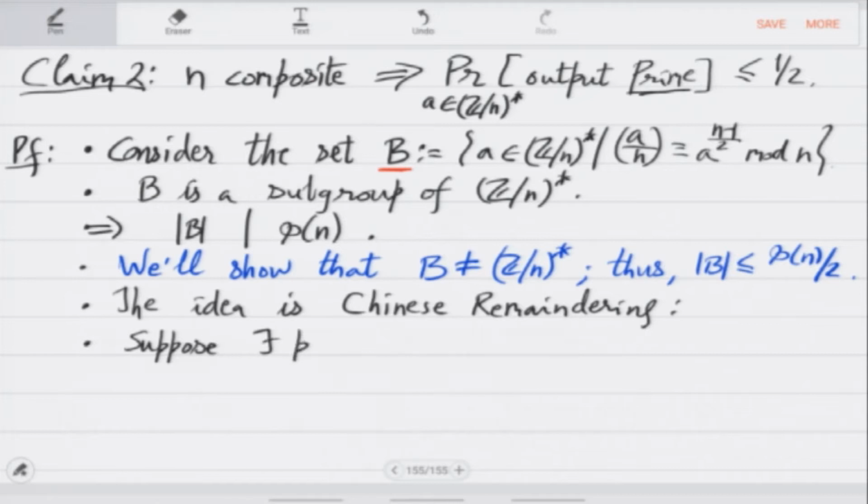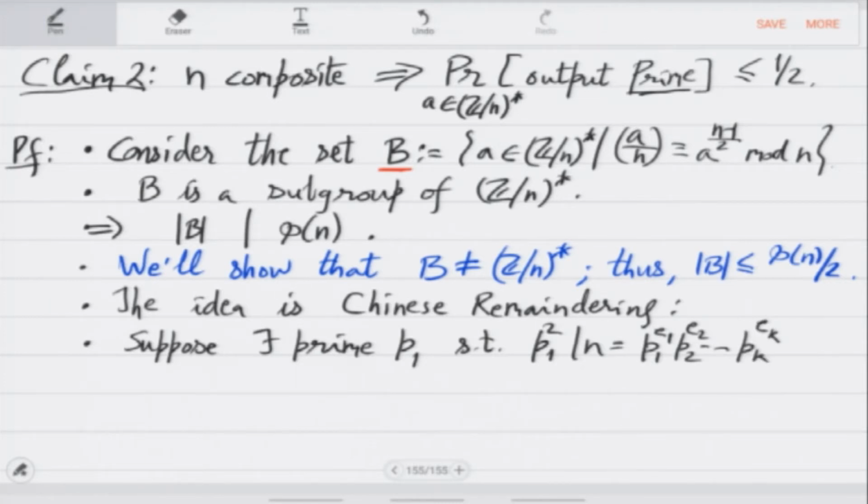Suppose there exists a prime P1 dividing n such that its square divides n, where n is P1^E1 P2^E2 ... PK^EK, such that P1 to PK are distinct primes.